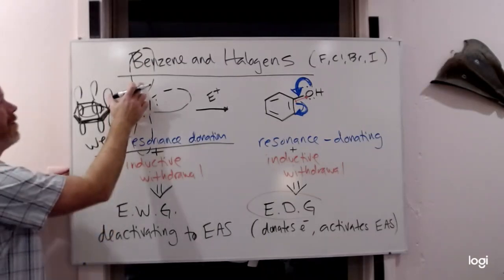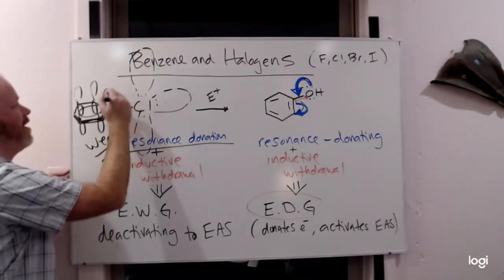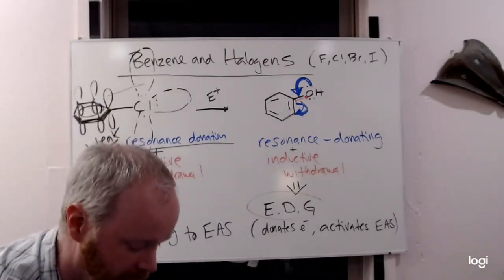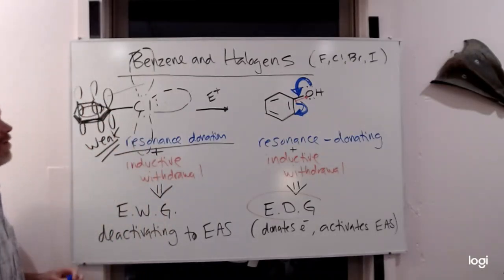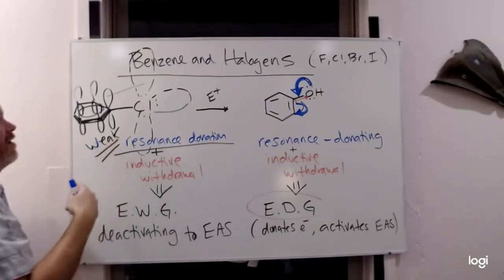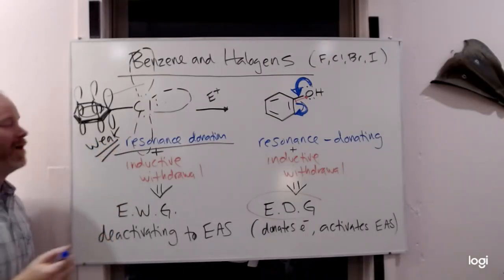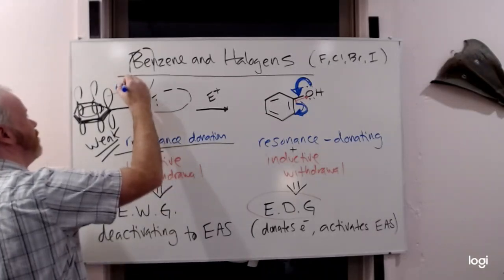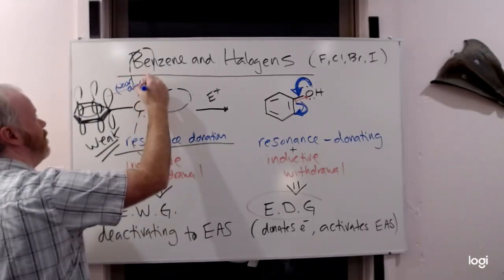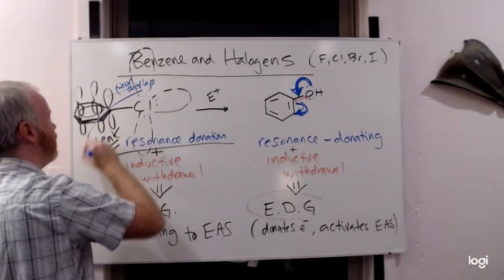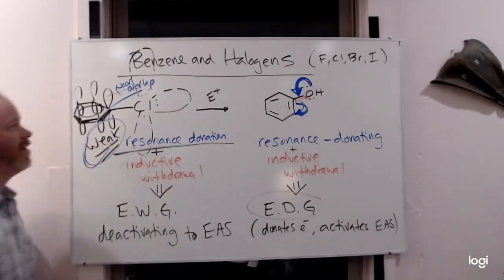And our pi overlap then is not so good. And so the atoms that are larger, the chlorine, bromine, and iodine, they don't do resonance sharing that well, right? Because you generally have poor overlap, and that's going to lead to that weaker resonance donation, right?